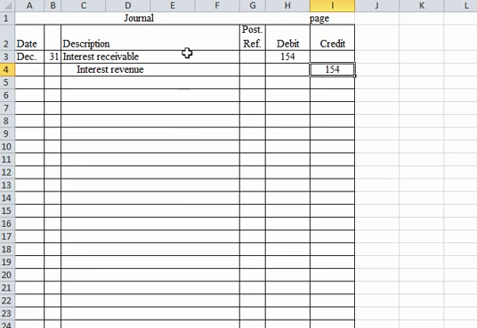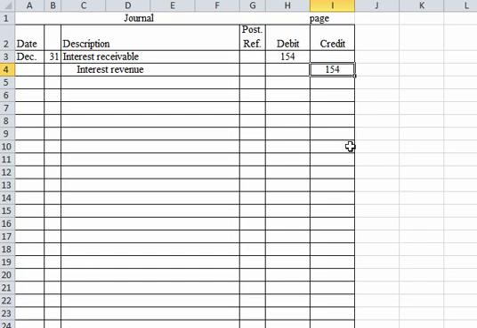That way, interest revenue and total assets on the balance sheet will be correct when we prepare our financial statements, and interest revenue and total revenues would be correct on the income statement when we prepare it.